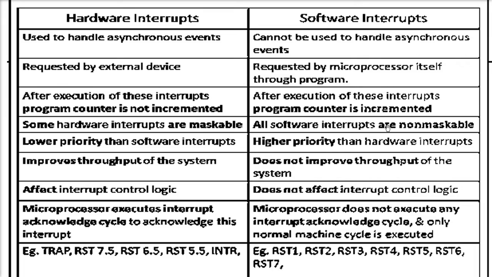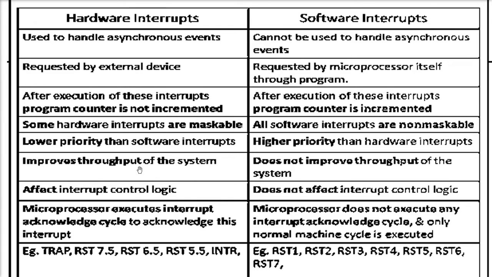Some hardware interrupts are maskable, like 7.5, 6.5, etc. All software interrupts are non-maskable. Please remember, software interrupts have higher priority than hardware interrupts, and all of them are non-maskable, while some hardware interrupts are maskable but have lower priority.